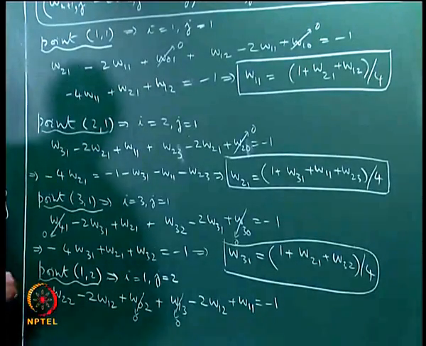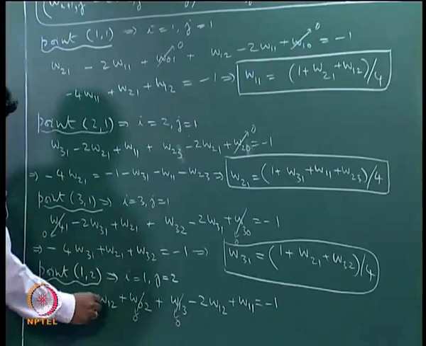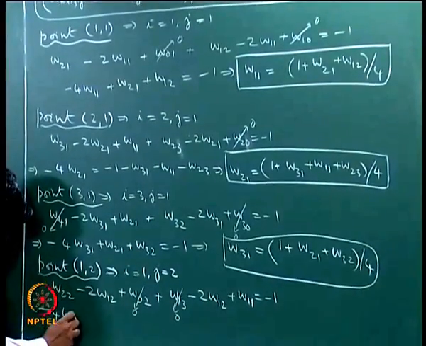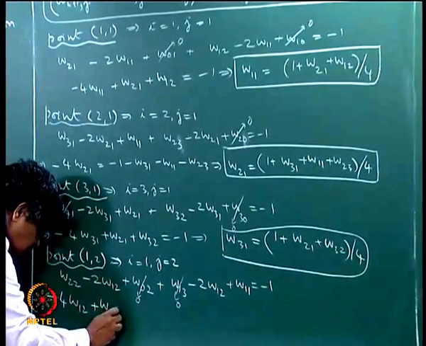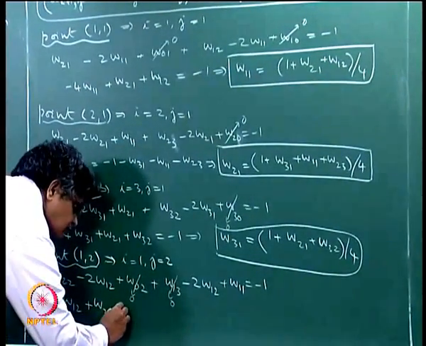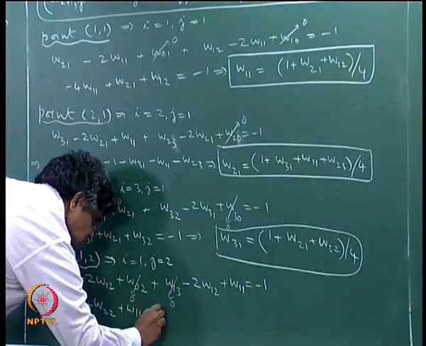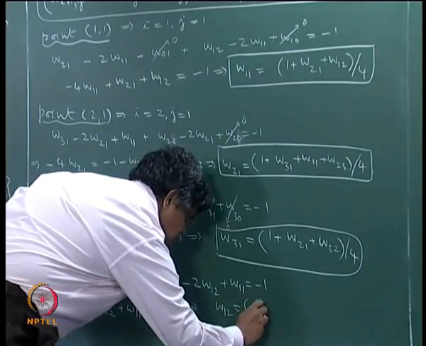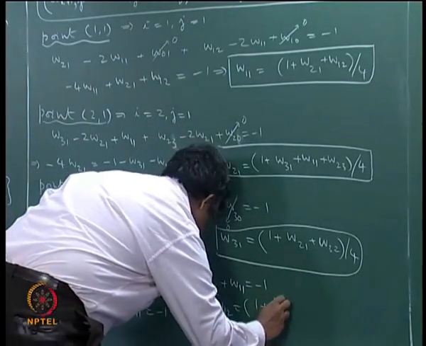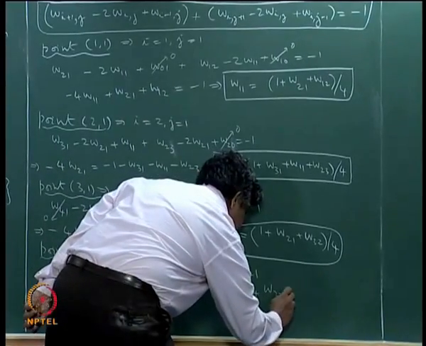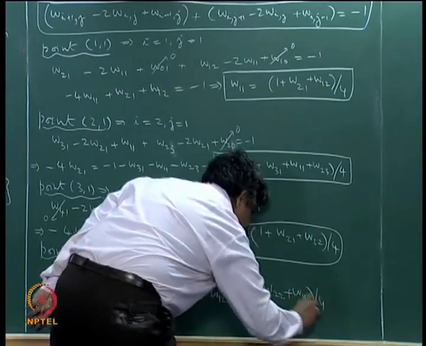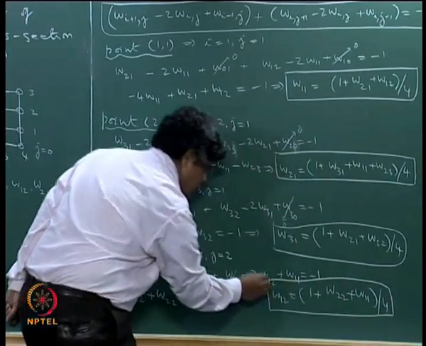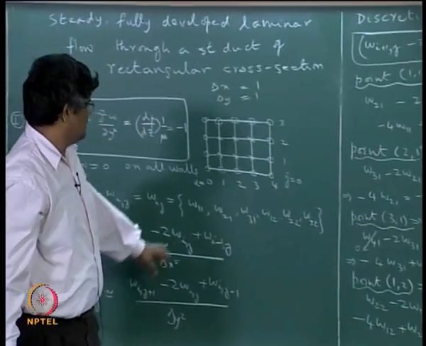So from this we get the expression for W12 as 1 plus W22 plus W11 by 4. So this is the expression for W12.